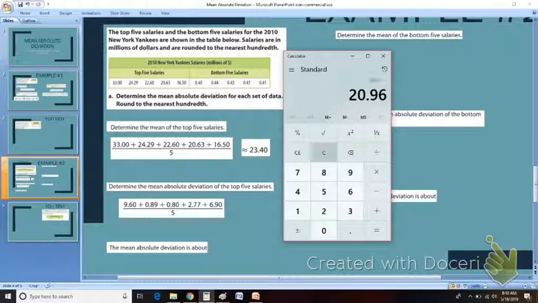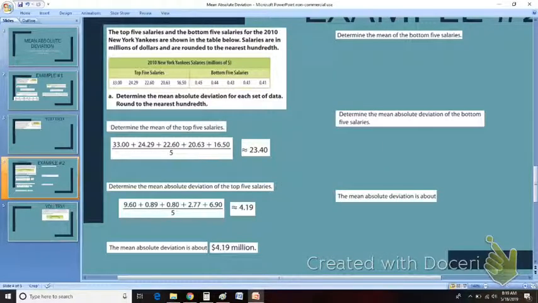We're going to divide that by our data set of 5. So we get an approximate average of 4.192. We're rounding to the hundredths place, so we get 4.19. Okay, so then what that means is that the mean absolute deviation for the top 5 salaries is 4.19 million.